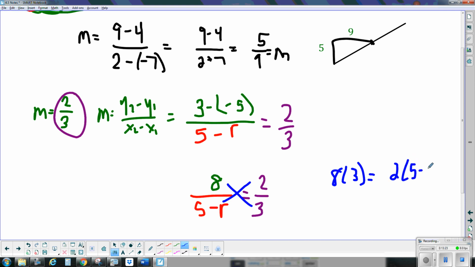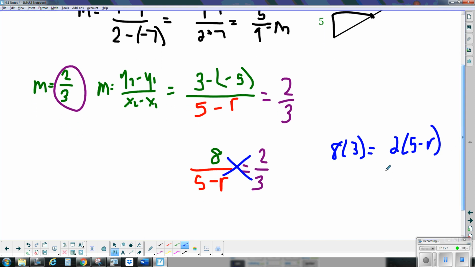Now, order of operations says you do the parentheses first, but I cannot simplify my parentheses any further than they already are, so I have to use the distributive property. So my left side is going to be 8 times 3, which is 24, and that's equal to 2 times 5 minus 2 times r, which is 10 minus 2r.